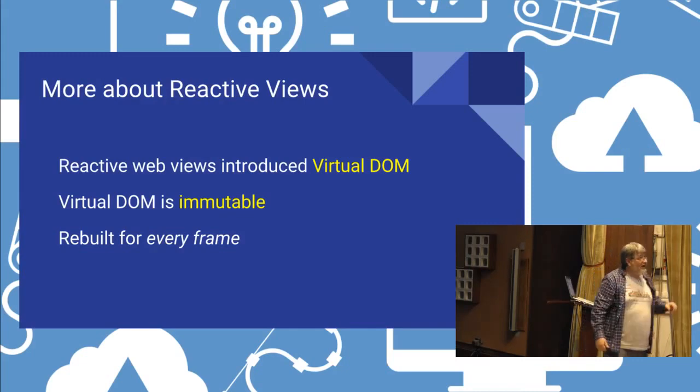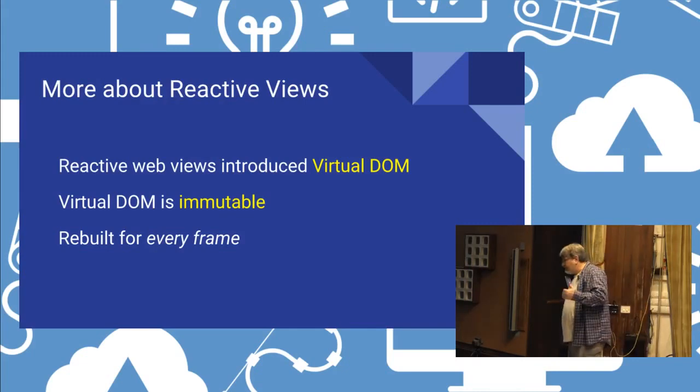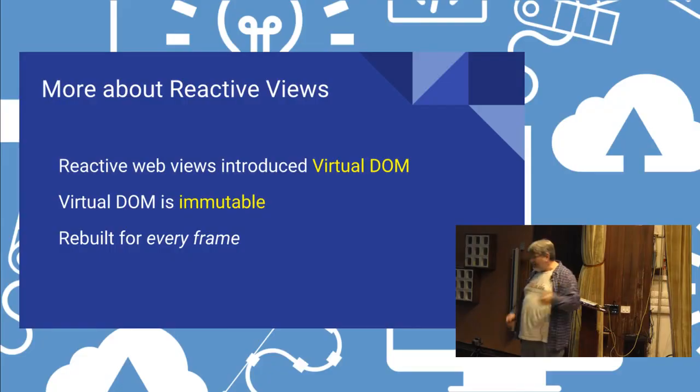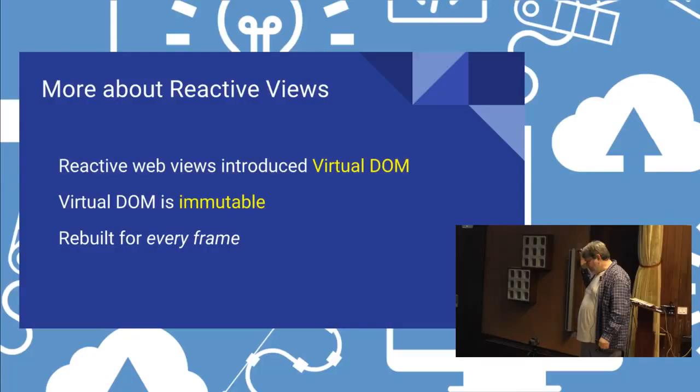Okay, so I'm going to talk more about reactive views. We started out by talking about how many people have used React Native or know how it works or anything like that. And you probably like it, right? I mean, it's actually really good. I like React Native. So reactive actually started in the web world. And there was a bunch of different systems. Probably the most well-known one is React.js.